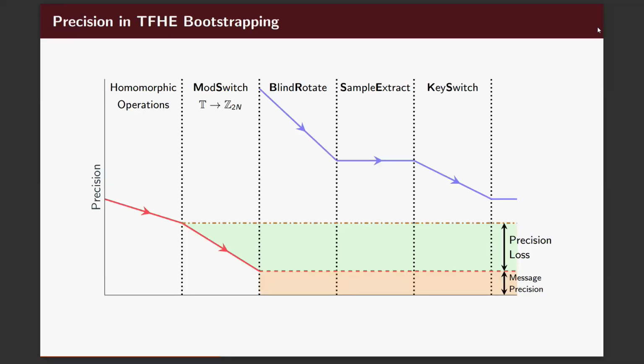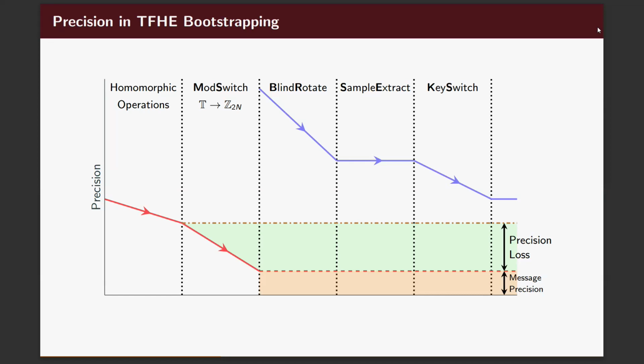We first observed the change of precision in TFHE bootstrapping. After some homomorphic operations, including addition or multiplications, the ciphertext is ready to be bootstrapped, and it is first mod switched to Z modulo 2N, which incurs a severe precision loss during the conversion. It's like looking up only the most significant log 2N bits, and this forces us to use a small message precision.